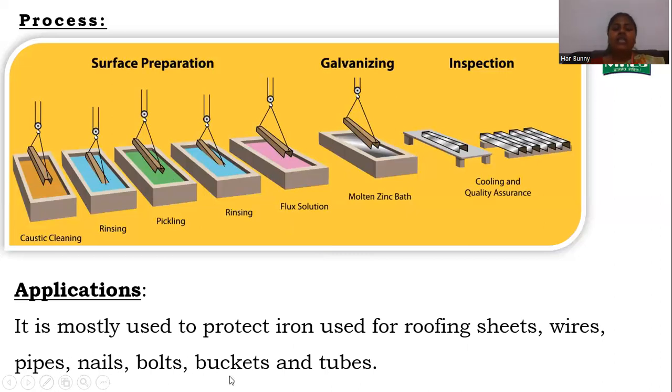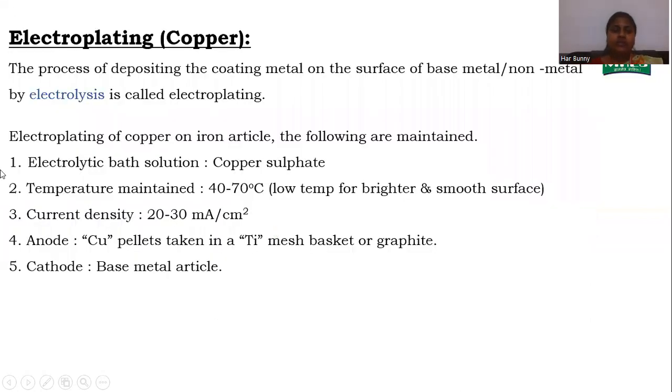In all these things, we can see galvanization, that is, iron metal protected by a thin coating of zinc metal. We can also see it in iron buckets; zinc coated iron buckets are there. In all these things, it is applicable. So this is about the galvanization process.